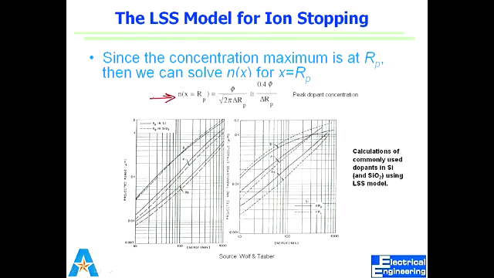With energy, you increase the projected range, right? And for that range, you can figure out the straggle in both directions, right? Perpendicular as well as in the direction of the incidence of the ion, right?